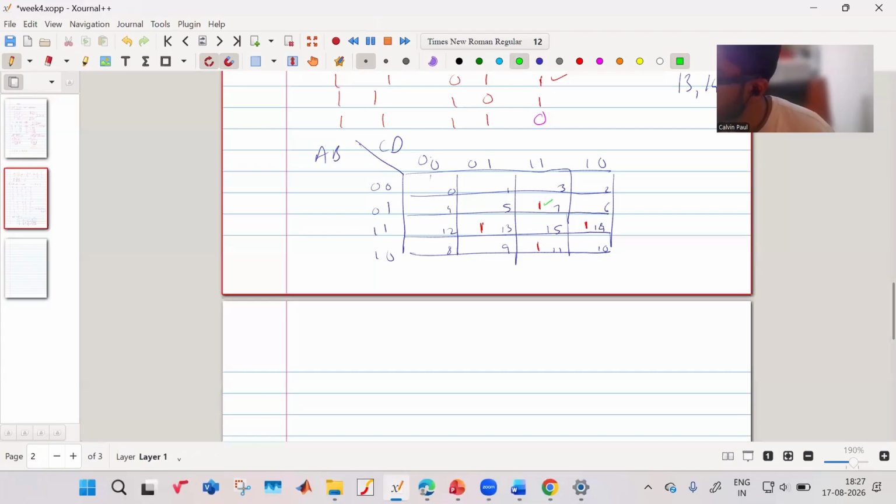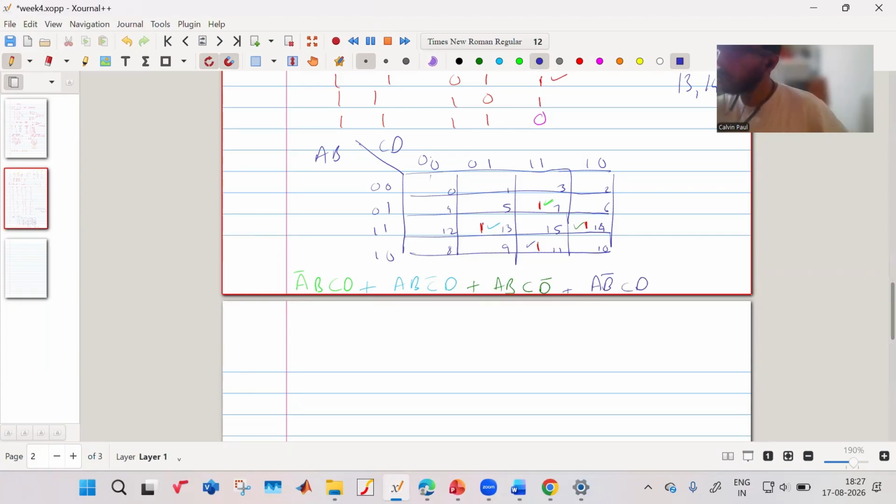This one over here corresponds to A bar B C D. Then this one corresponds to A B C bar D. Then this one corresponds to A B C D bar. And this one corresponds to A B bar C D.